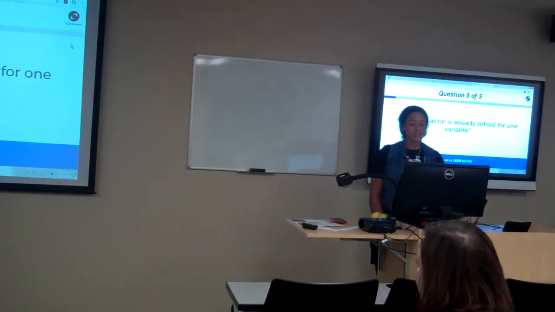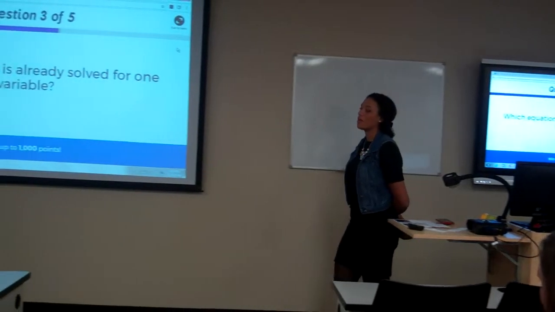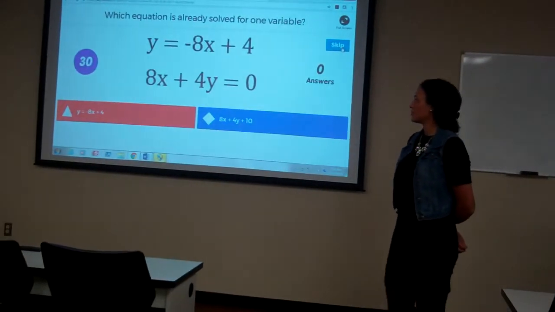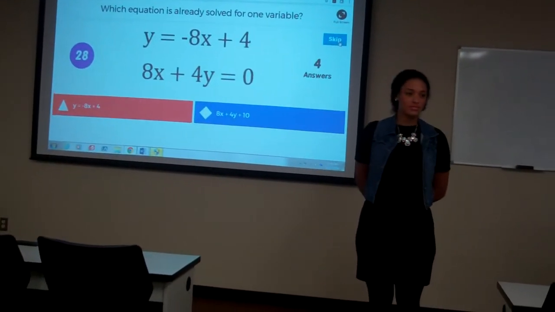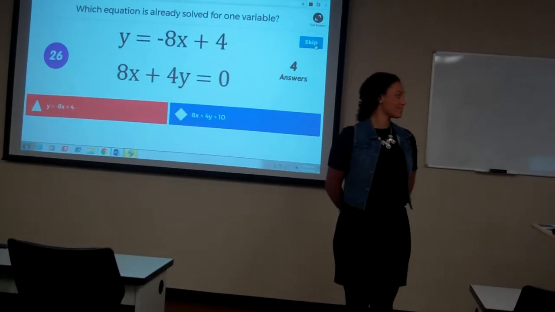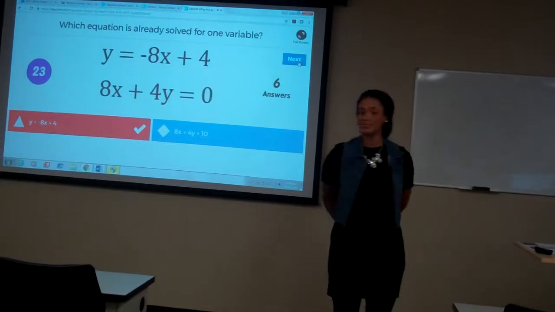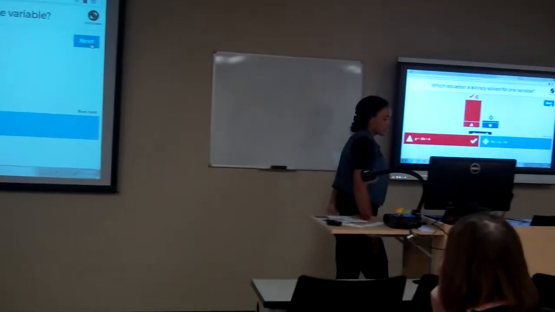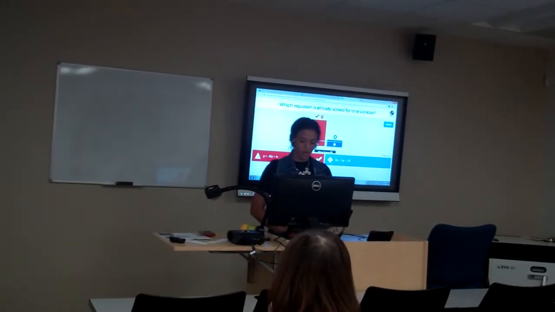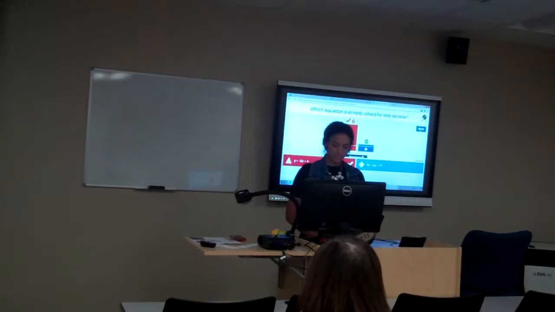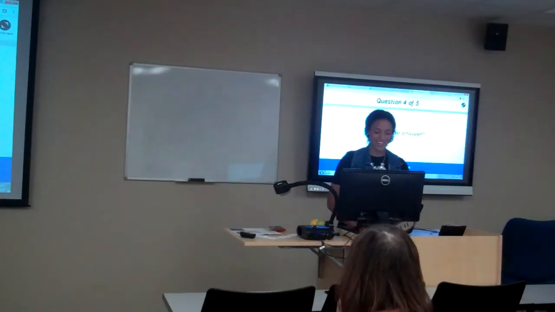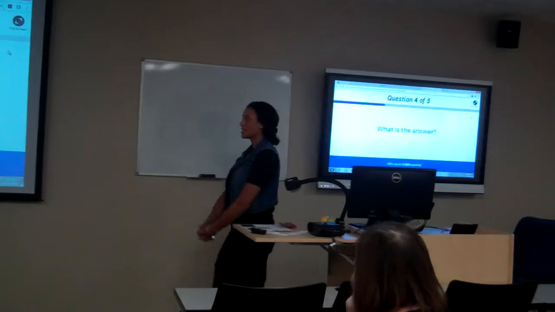All right, question 3. Which equation is already solved for one variable? That is correct. Y is equal to -8x plus 4. Question 4. What is the answer?